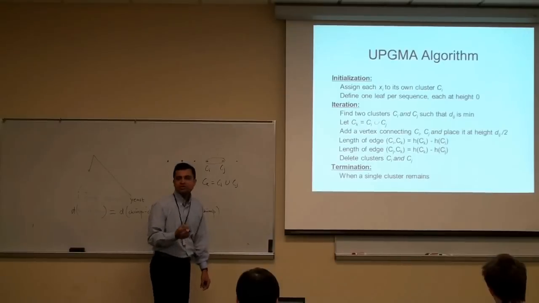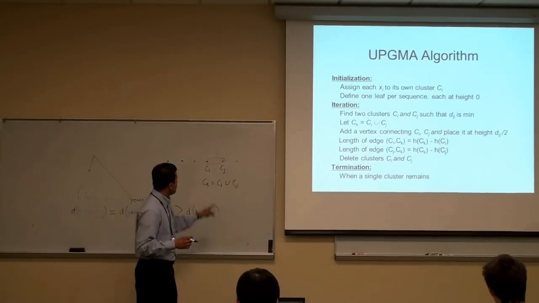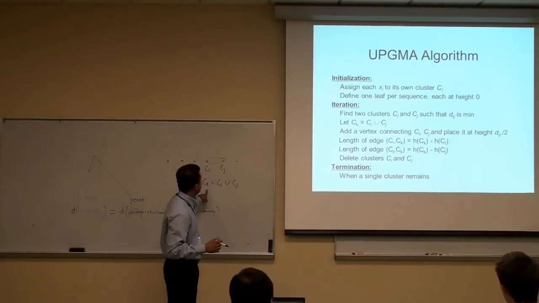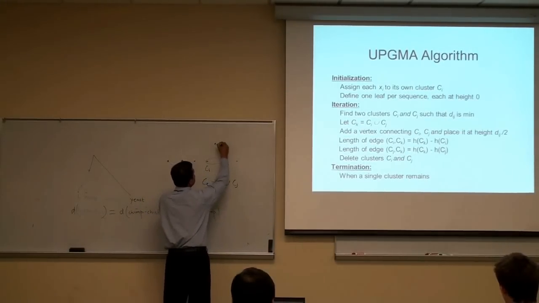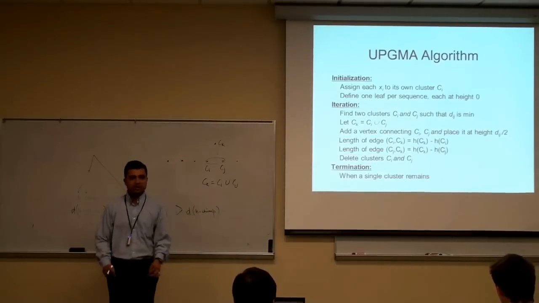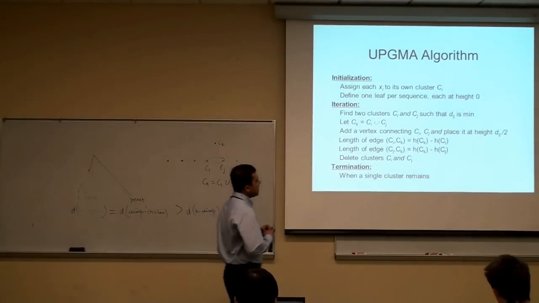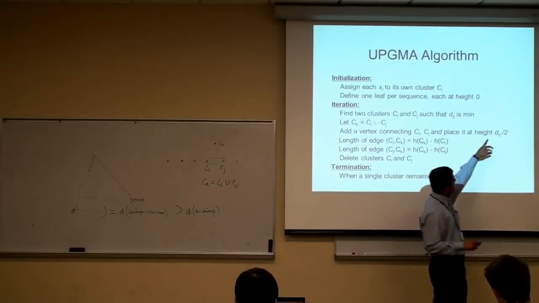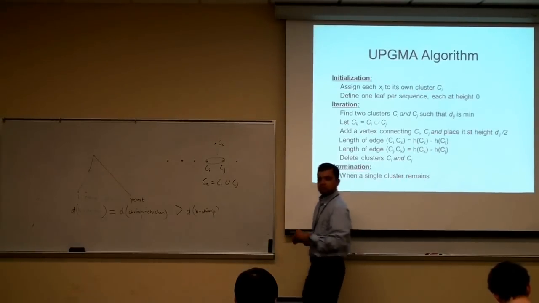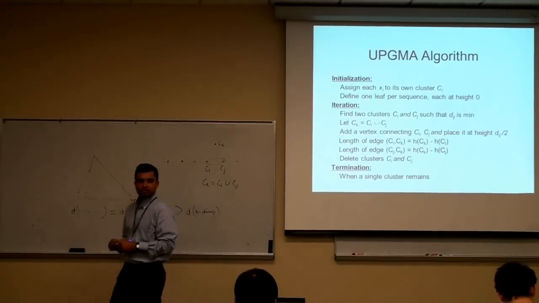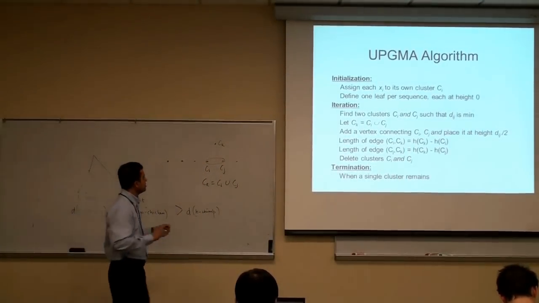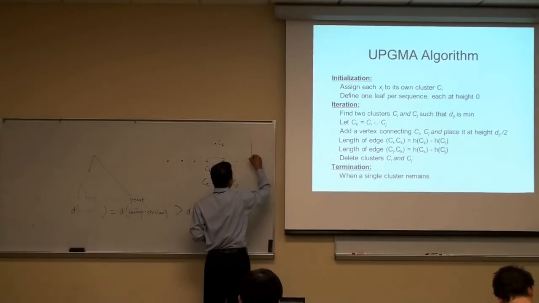You introduce an internal node in the tree for Ck. Okay, so you introduce a node for Ck, and you place it at height Dij by 2. Okay, so this height of Ck is going to be Dij by 2.